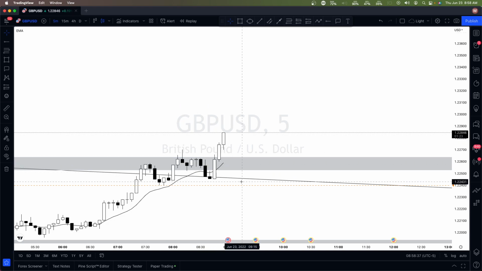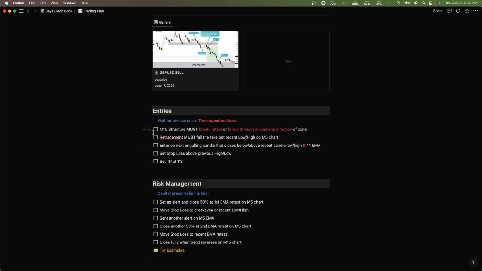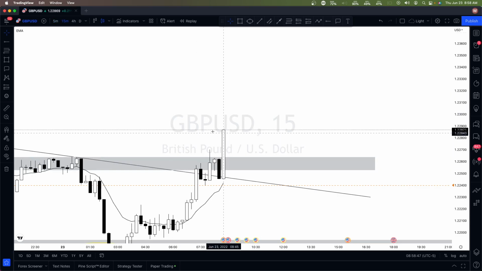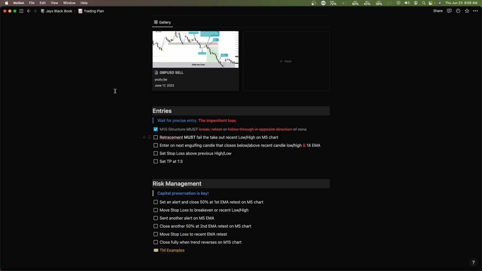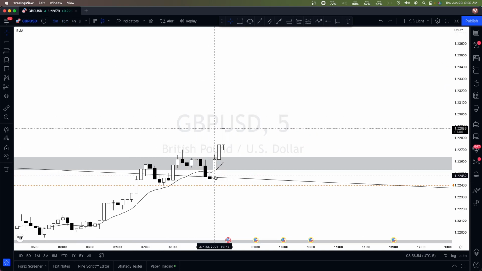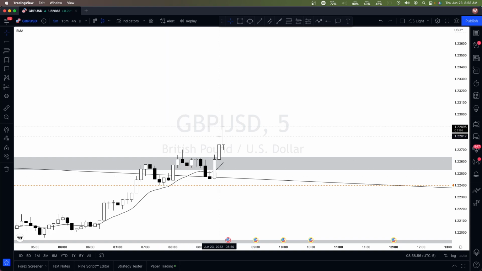which, per our rules on the 15-minute structure: it broke, retested, and fell in the opposite zone on the 15 right here. So it broke through. The retracement must not take out the previous low, and this retracement didn't take out this previous low. So we're going to enter.